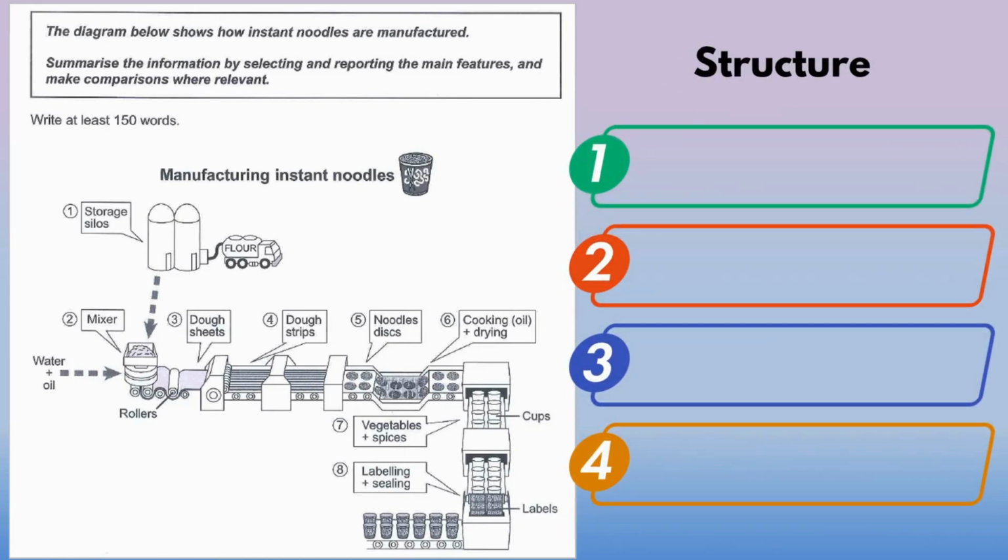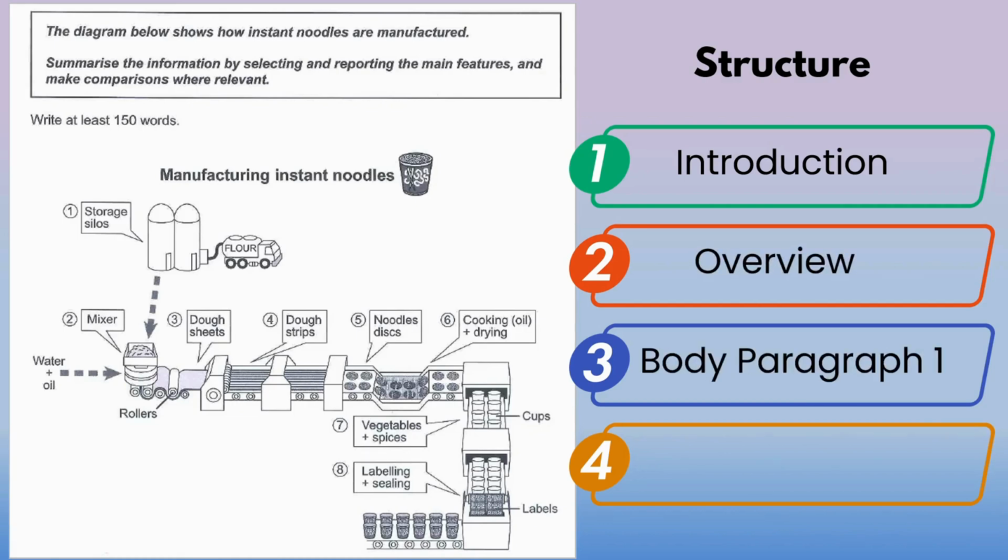What is the structure that, if you follow, you can score a high band? First is the introduction, followed by overview, body paragraph 1, and body paragraph 2. Usually, candidates sum up the task 1 within one paragraph. No issue at all. But today, in this task 1, I shall be showing you how paragraph 2 can be written.